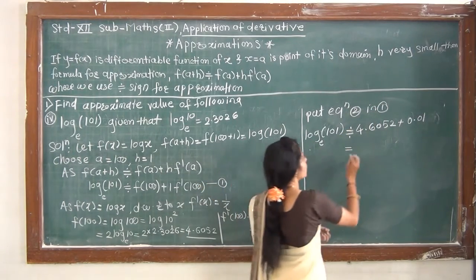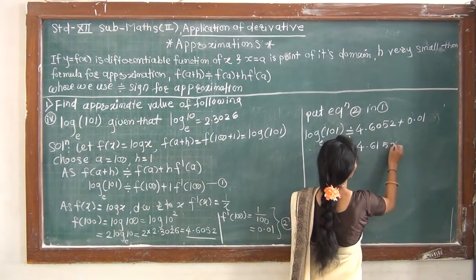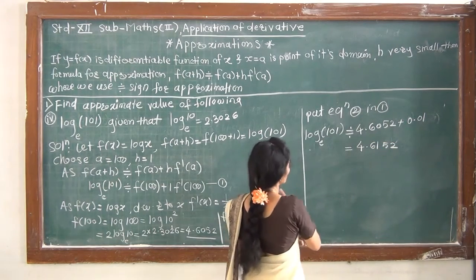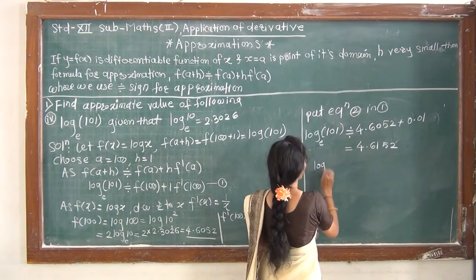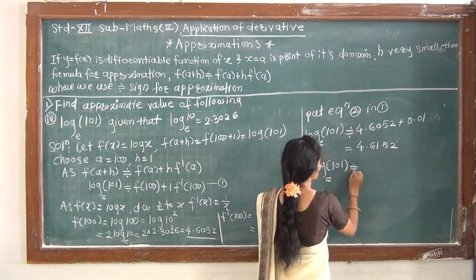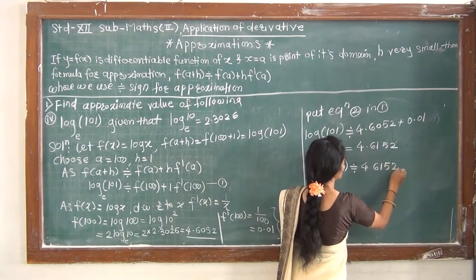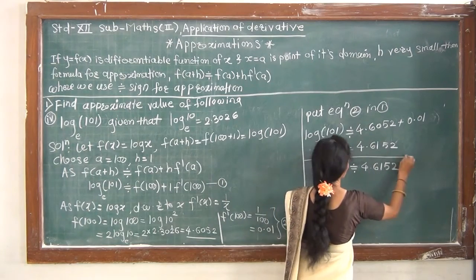So what do we get? 4.6152 is the approximate value of log of 101 to the base e.